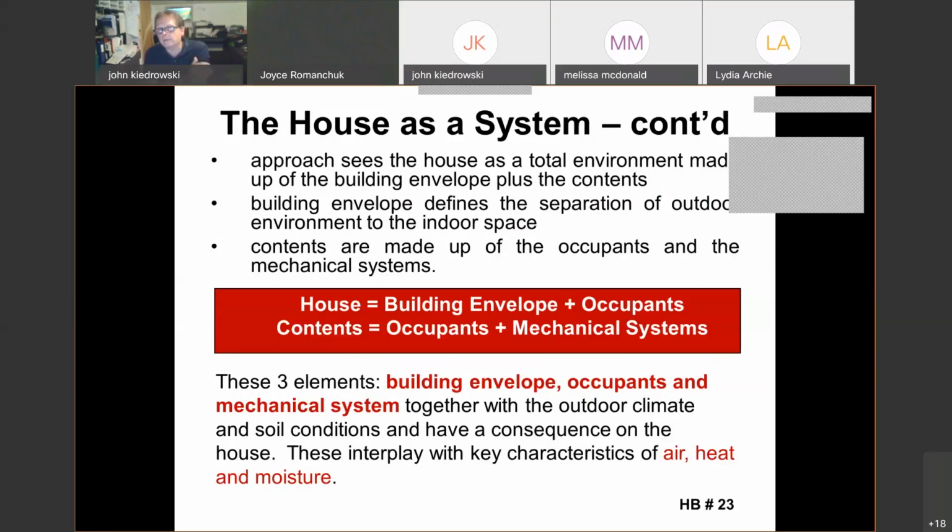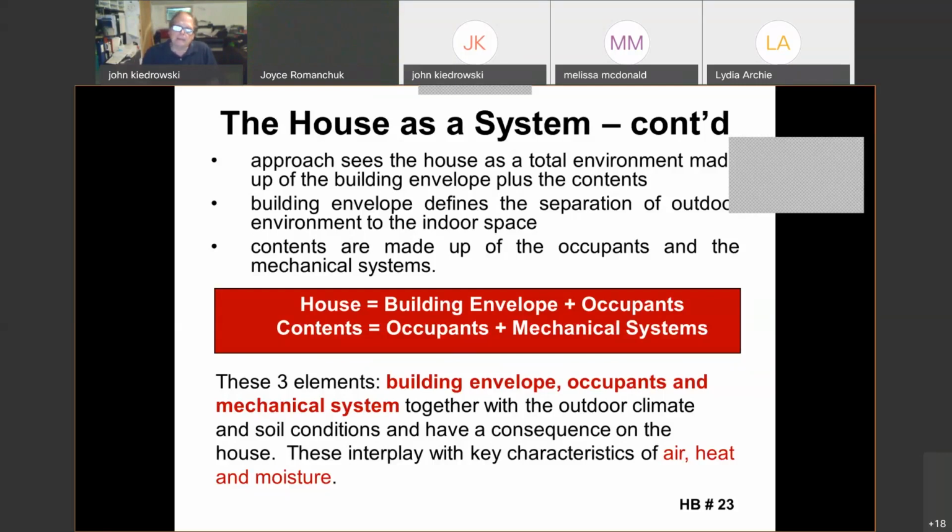And certainly the more people living in it, the more opportunity for moisture to be generated. With more people, certainly more showers, more baths, more cooking, etc., more moisture generation. Well, the contents certainly are the people, and we can't always control the number of people in our home.